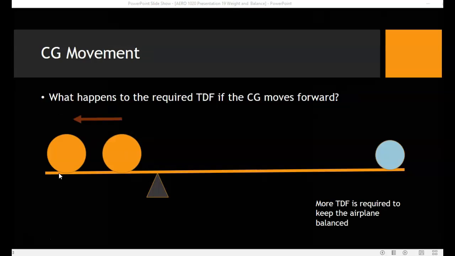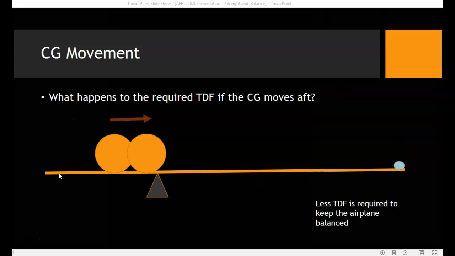What happens to the tail downforce required if we move the center of gravity forward or further from the fulcrum? Well, we require more tail downforce because we have increased the arm from the center of gravity back to the fulcrum, and that requires more tail downforce to overcome. The opposite is true if we move the center of gravity aft or closer to the pivot point.